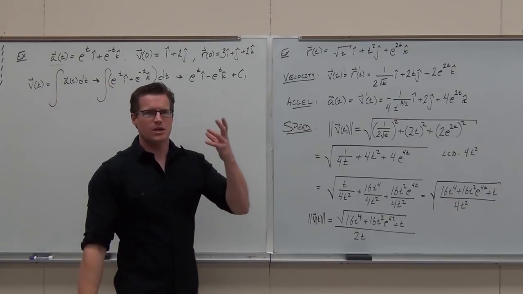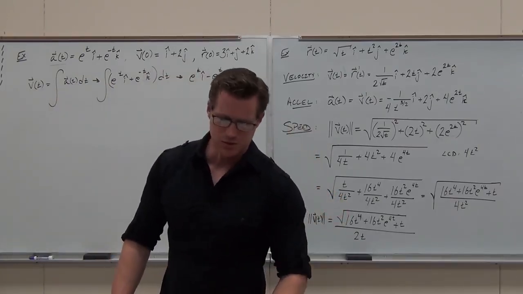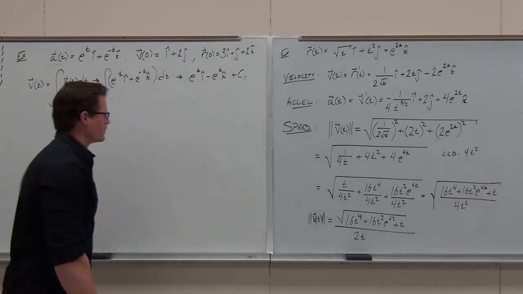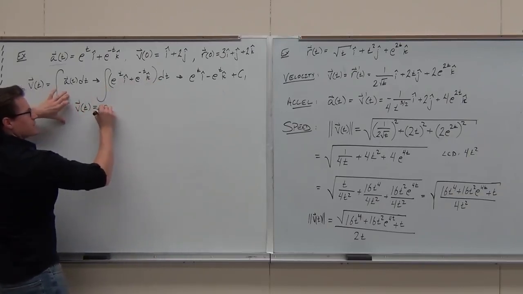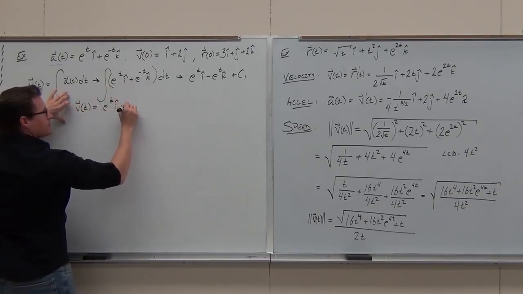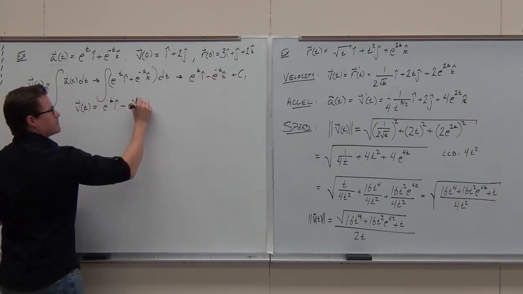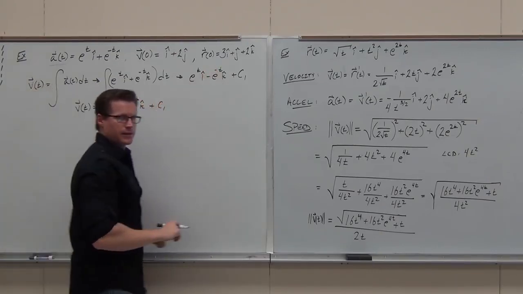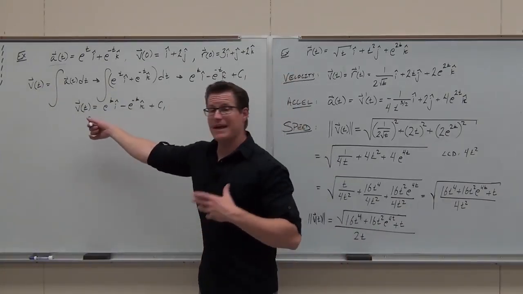Keep in mind, you're doing u subs in your head. You're basically undoing chain rule in your head. That's fine to do. I don't need to see a u sub every single time for these. What I do care about is that our velocity function is now e to the t i minus e to the negative t k plus c1. And now if you're okay with that one. Now, since we found velocity, that's awesome.